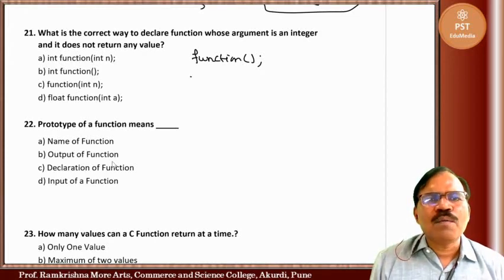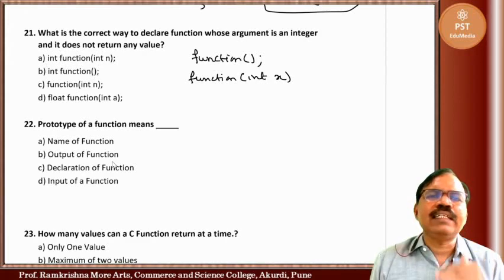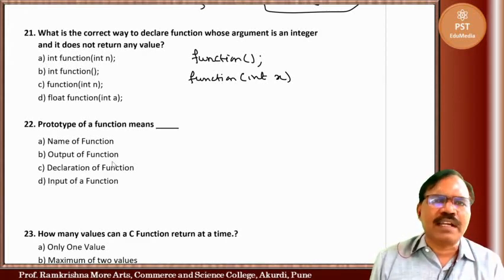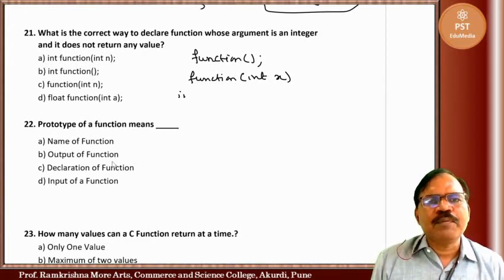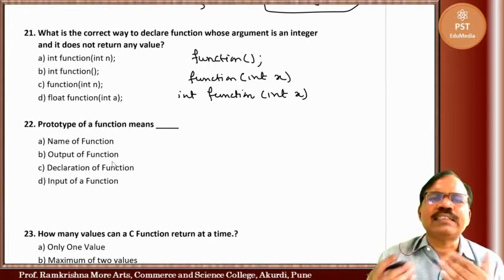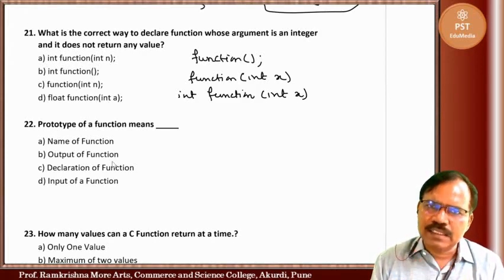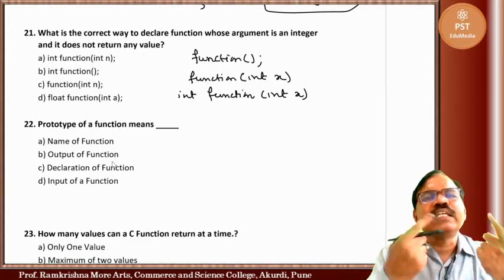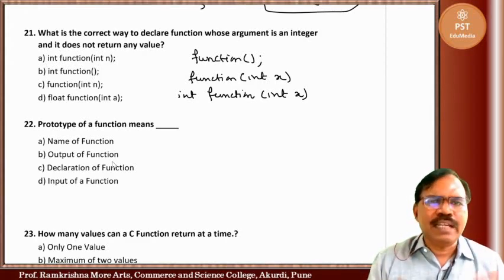If we have function int x, it means its argument is an integer, and it will not return any value. If we write int function int x, it means its argument is an integer and the function will return an integer value, like this.